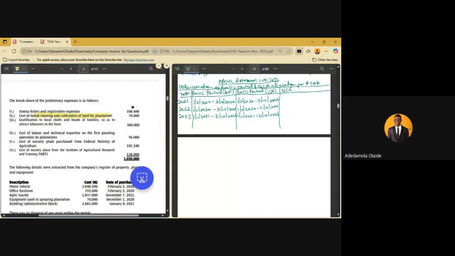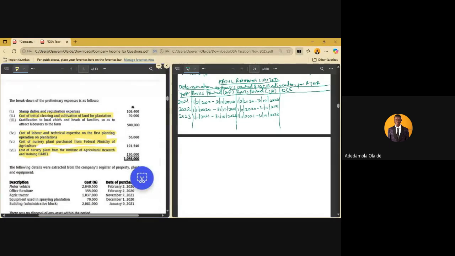and cultivation of land for plantation. We have cost of labor and technical expertise on the first planting operations of plantation. We have cost of nursery plants purchased from Federal Ministry of Agriculture, and cost of nursery plants from the Institute of Agricultural Research and Training.